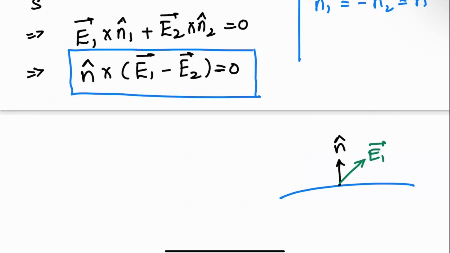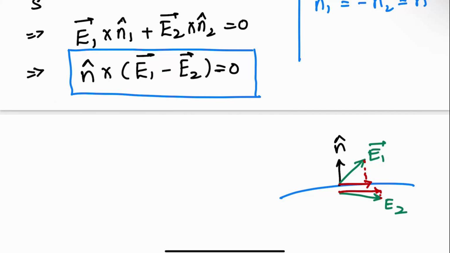And on this side of the surface, the electric field is like this, let's say, and that's E2. When you calculate n hat cross E1, that gives you nothing but the tangential component of this electric field. And when you do n hat cross E2, that also gives you the tangential component of this electric field, right?